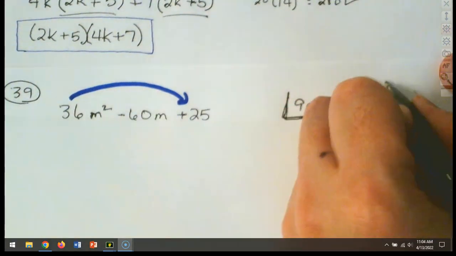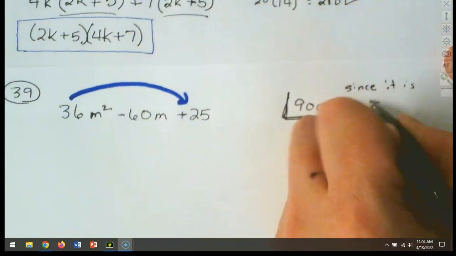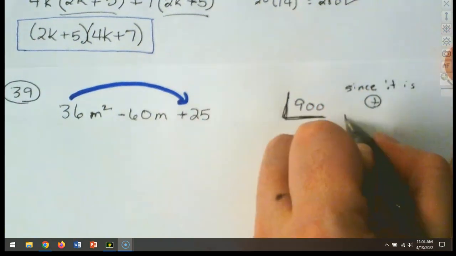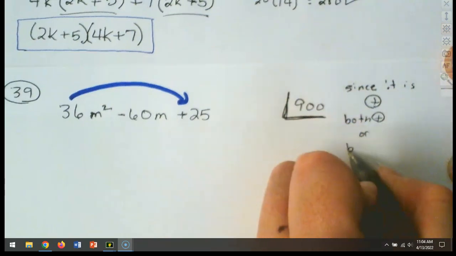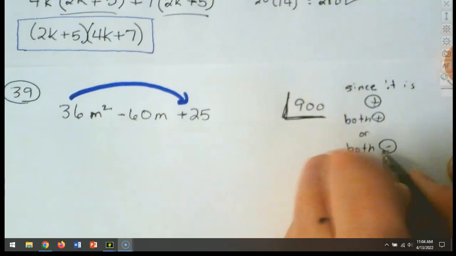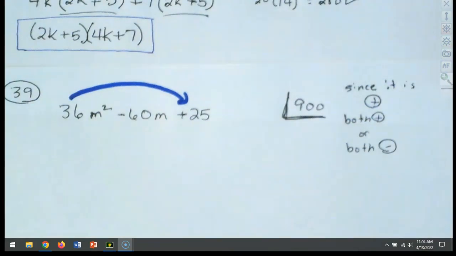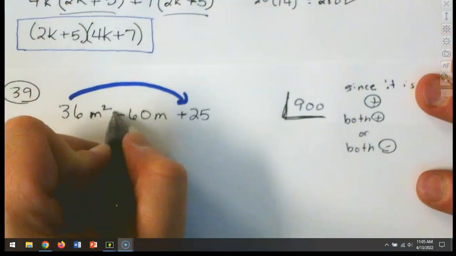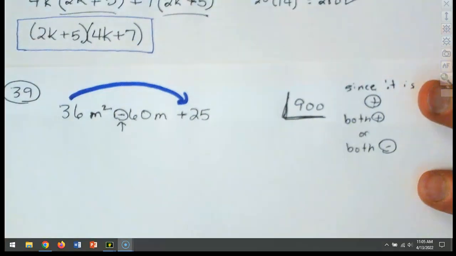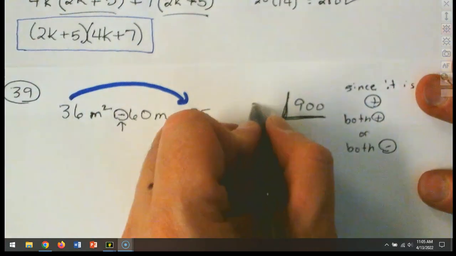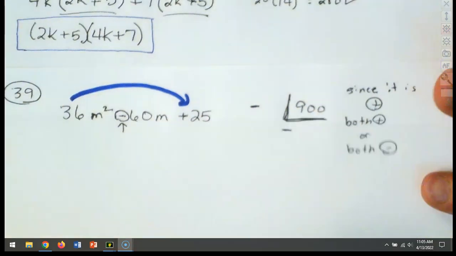So since it is positive, they're either going to be both positive or both negative. Well, what do we know about the sign in the middle? The sign that goes with that 60, that's negative. So that means they're both going to be negative.